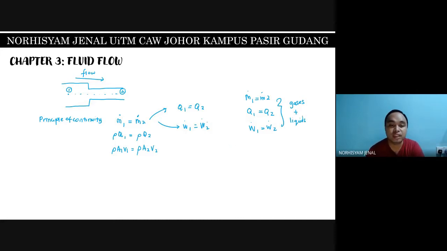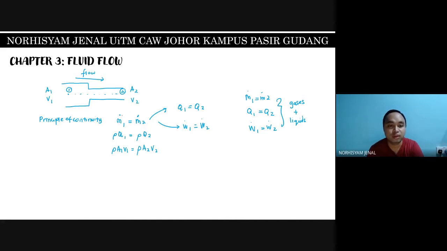This idea will be very important in our study, because it will help us understand the very basic idea of velocity difference between point 1 and point 2. At point 1 you will have A1 V1, at point 2 you will have A2 V2.